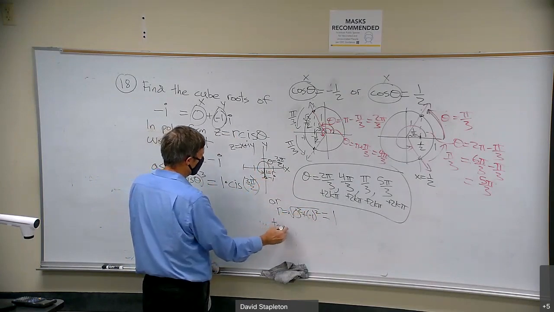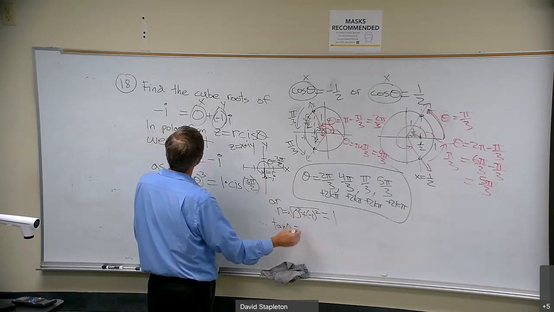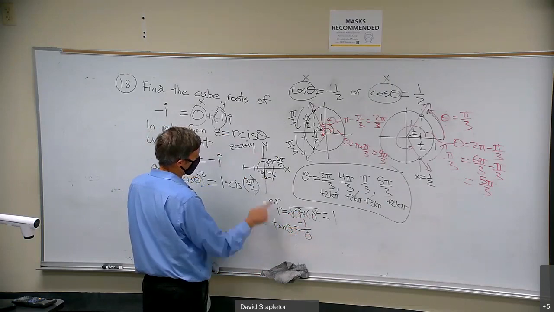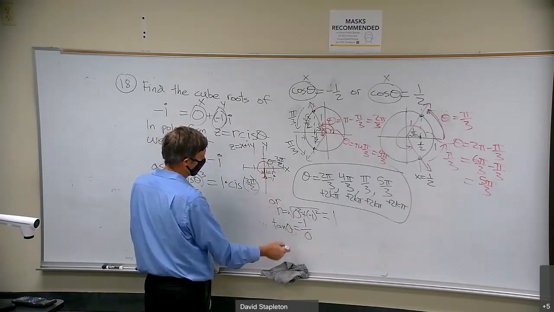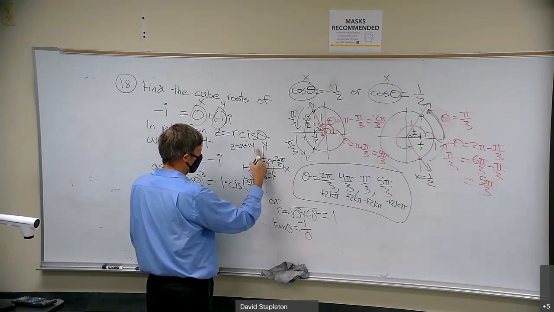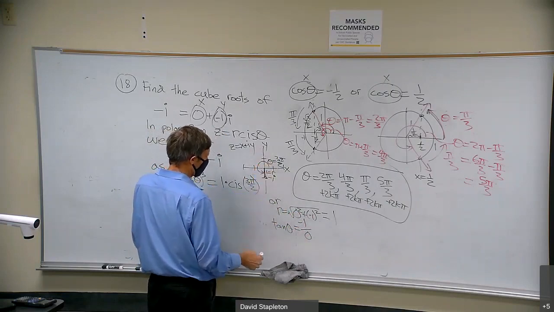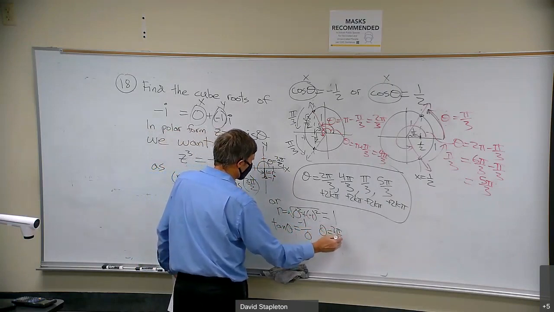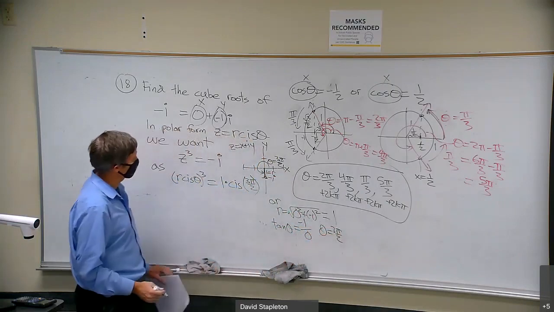And then tangent theta equals y over x is minus 1 over 0. That one normally works, but when it's on the axis here, you just have to look at it. So since x is 0, it has to be pi over 2 or 3 pi over 2. Look at it and see it's 3 pi over 2. So you can figure it that way also, but the picture is easiest in this case.